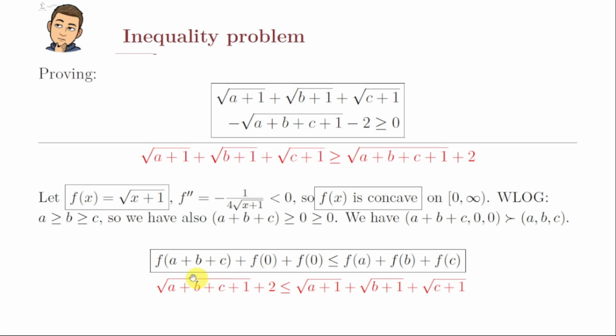And this is exactly square root of a plus b plus c plus 1, plus 2, because f(0) is 1, and all of this is less than or equal to square root of a plus 1, plus square root of b plus 1, plus square root of c plus 1. And this is exactly our inequality right here. So we have proved this inequality using Karamata's inequality.